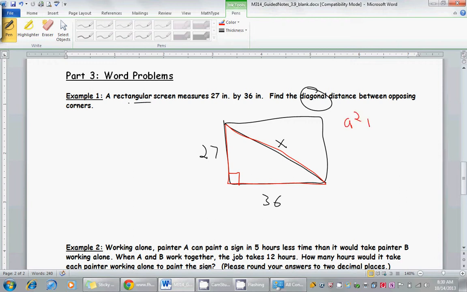A squared plus b squared equals c squared, where a and b are our two sides. So in this case, 27 and 36, the legs of the right triangle. So this is going to be 27 squared plus 36 squared equals my hypotenuse, which is the c side, and in our case is going to be x squared.